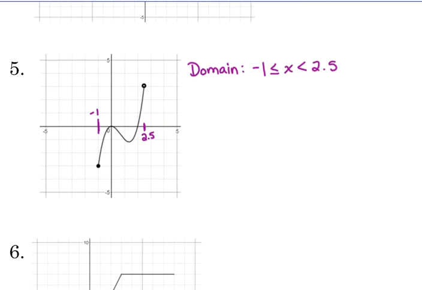I just put less than there at the 2.5, so the open circle. Okay, so that's going to help me when I do my interval notation. So the -1 was equal to, so it gets a bracket. The 2.5 was not equal to, so it gets a parenthesis. Anytime it's not equal to, if it's just less than or greater than, you put a parenthesis.